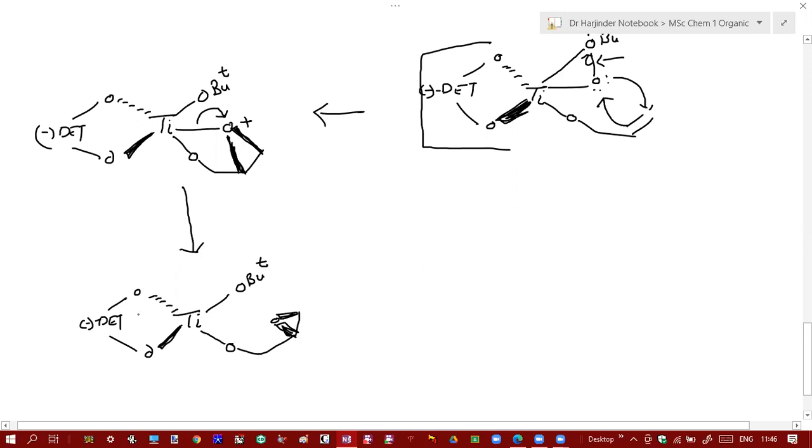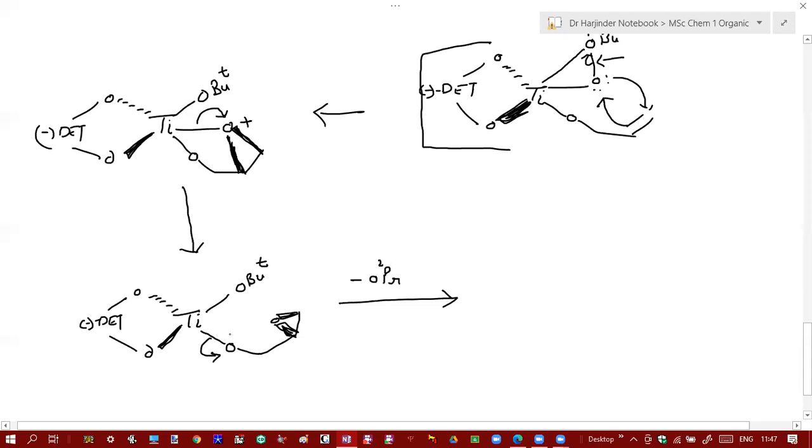Now what will be the last step? The hydrogen ion will also go. This titanium oxygen bond will also break in presence of isopropoxide.